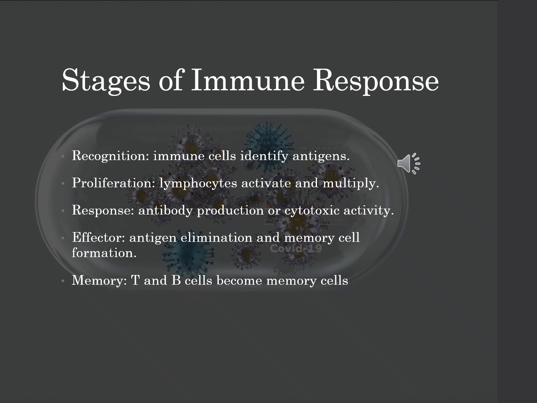Then we have our response. So stage 3 is a response. This is where we have a two-pronged attack. We first have the cell-mediated response. The T cells directly start attacking infected cells. Okay, so we directly attack. Then we have our humoral response for our B cells.